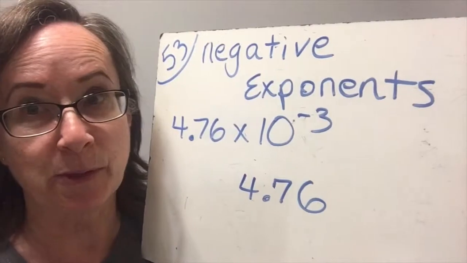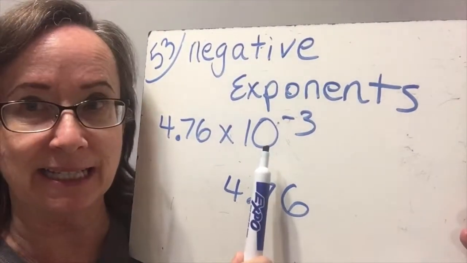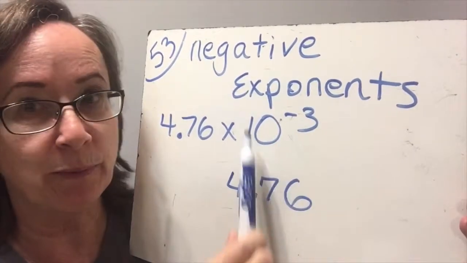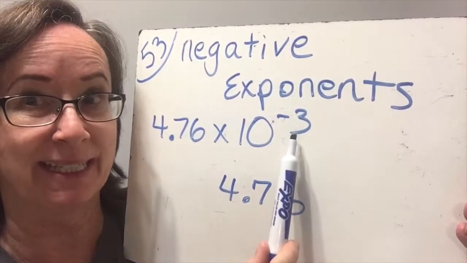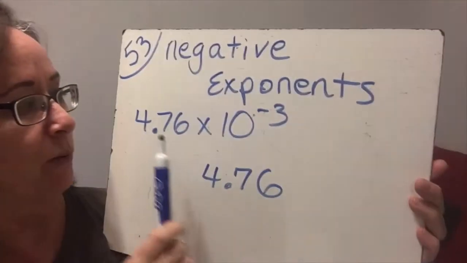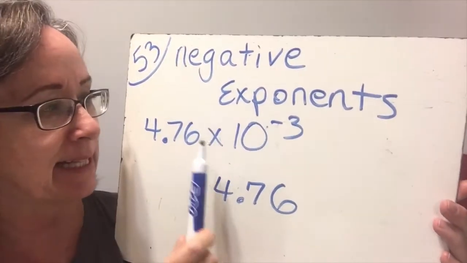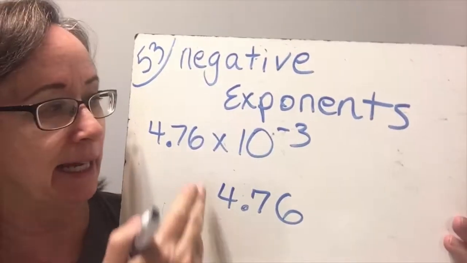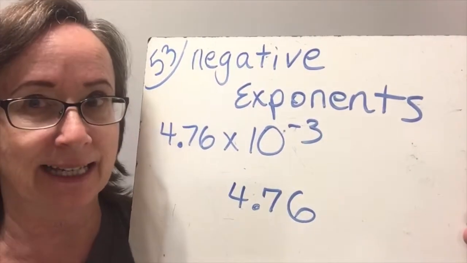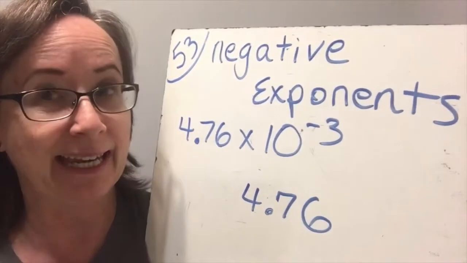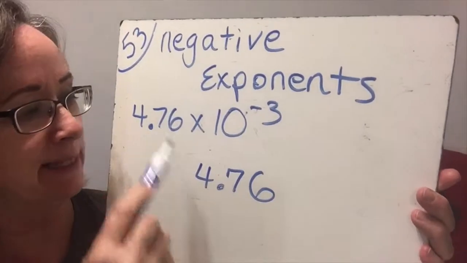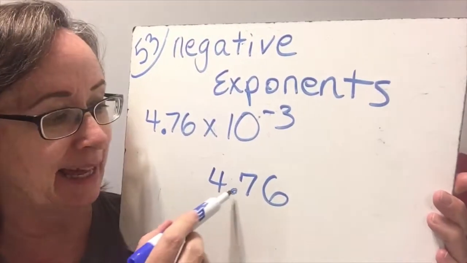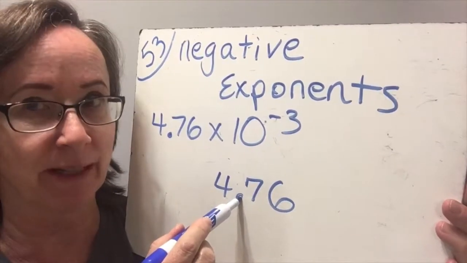Now, sometimes we have to move our decimal to the left. And when we do, we use a negative exponent, showing that I'm going to take 3 steps backwards. So when I have 4.76 times 10 to the negative 3, this number is in scientific notation, and now I'm going to turn it into standard form. So I'm going to write this number in the front and then say, okay, this is not the real number.